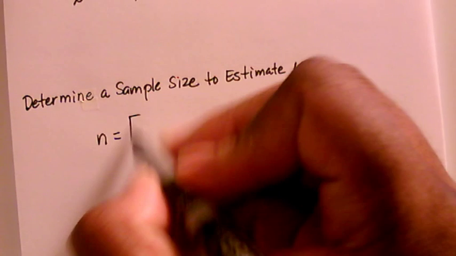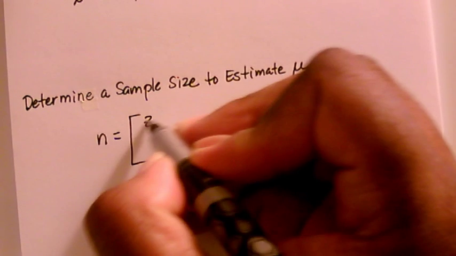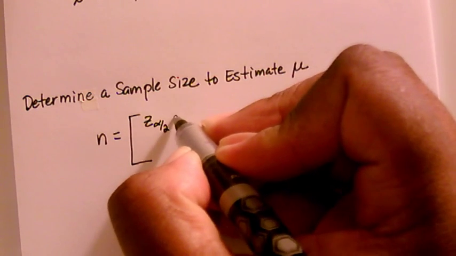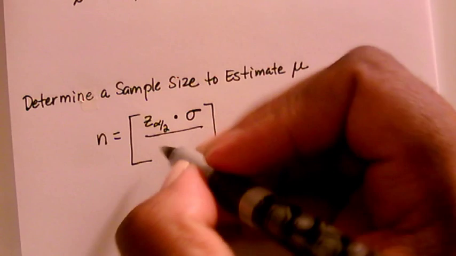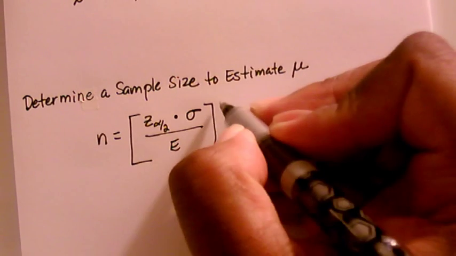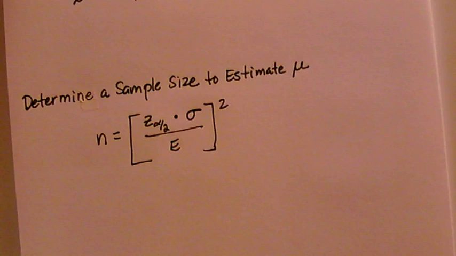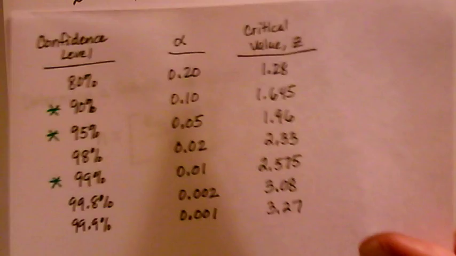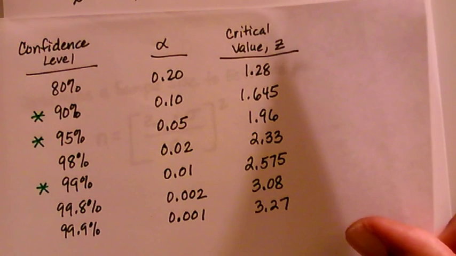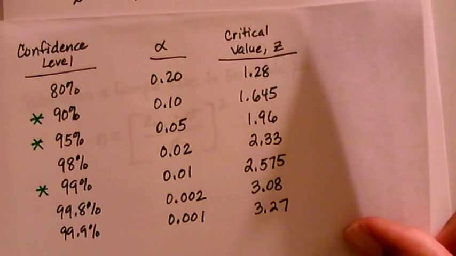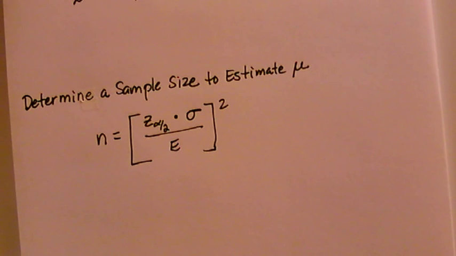N is equal to z of alpha over 2 times the population standard deviation divided by the margin of error. That whole thing is going to be squared. Okay? And of course your z of alpha over 2, that's these critical values that I talked about here for z in the last video. So you'll use that.